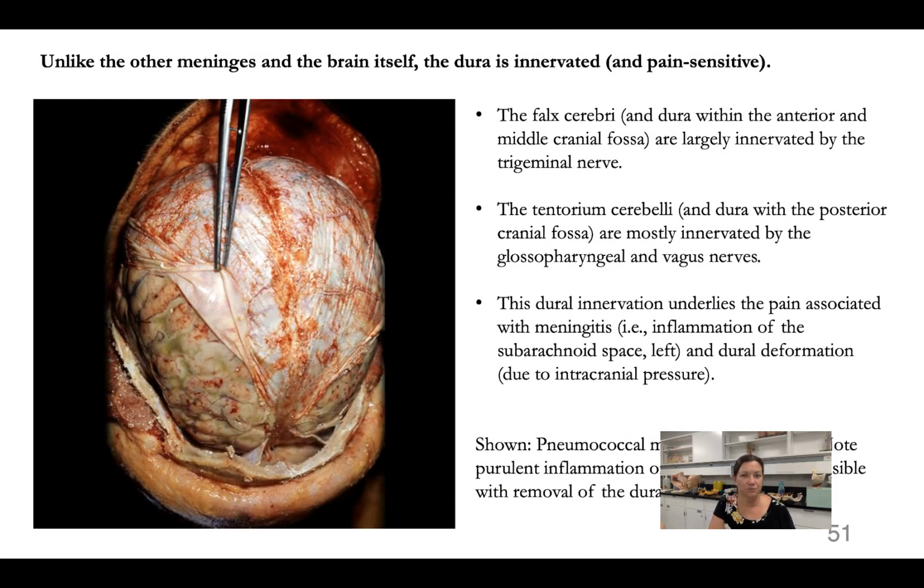So the falx cerebri and the anterior and middle cranial dura are largely innervated by the trigeminal nerve. More posterior in the cranial fossa, the dura is innervated by the glossopharyngeal and vagus nerves. And this dural innervation is what causes the pain when you have meningitis, an inflammation or infection of the meninges.